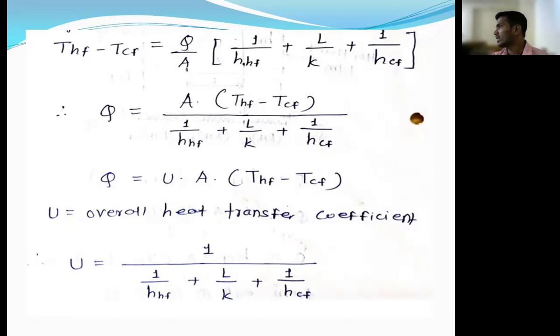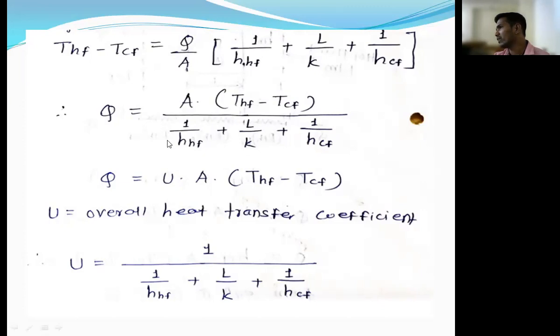Okay. आता इथं बघा, आपल्याला इक्वेशन काय मिळालंय? Q is equal to A into bracket THF minus TCF divided by 1 upon HHF plus L by K plus 1 upon HCF. Okay. So this is our final equation.